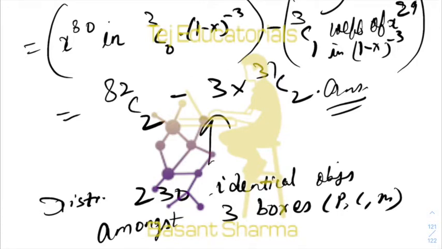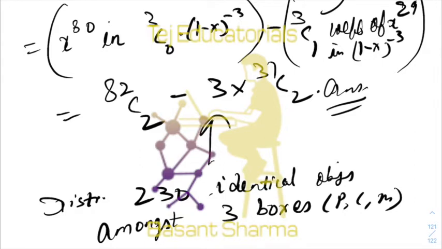Why am I saying 230 identical objects? Because if you look at the question, physics should have between 50 and 100, chemistry should lie between 50 and 100, and math should lie between 50 and 100. So only the number is important, how many marks each subject gets. The marks by themselves are not different, only the quantity is important.